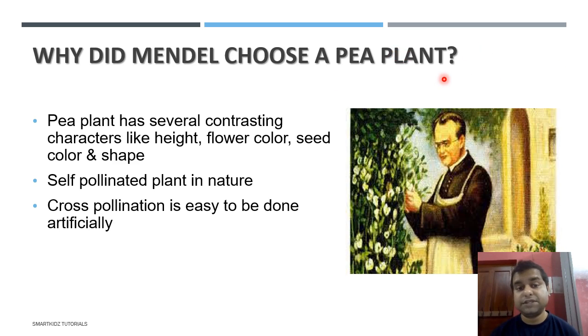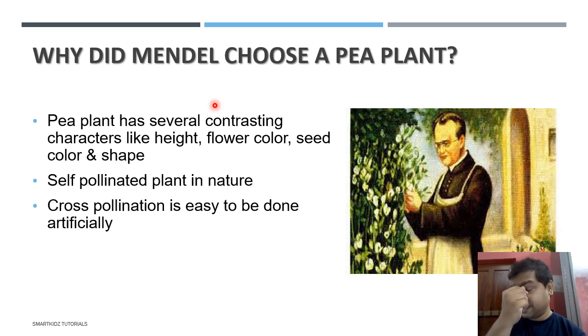Sometimes cross-pollination is very difficult. Scientifically speaking, cross-pollination is the transfer of pollen from the male reproductive organ of the plant, that is the anther, of one plant to the female reproductive organ, which is the stigma. From the stigma, it goes to the style, finally to the ovary of another plant.